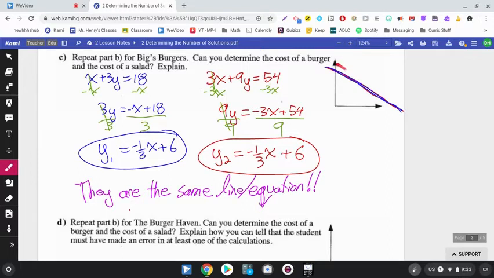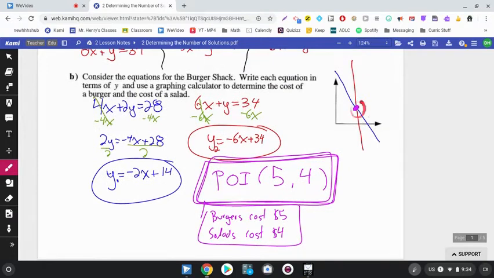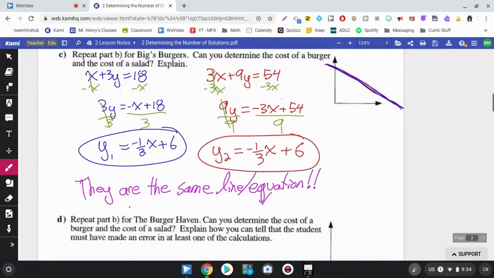In terms of number of solutions, this one we did at first, there's one point that they share. A solution to an equation is, well, how many points do they have in common? And this has one solution. This one has infinite solutions.